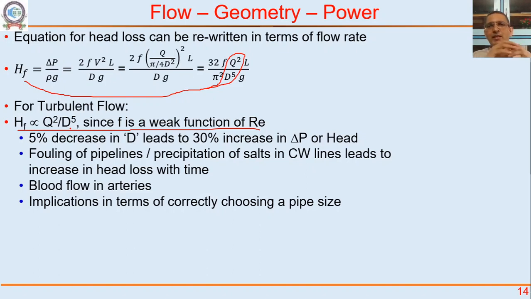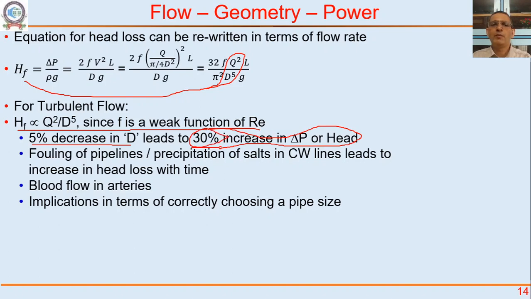Now imagine that this pipe becomes rough, it corrodes and things like that. So diameter reduces. If diameter reduces, frictional head loss increases. Even a 5% reduction in diameter leads to a 30% increase in the friction, and the pressure or the head required for overcoming friction.